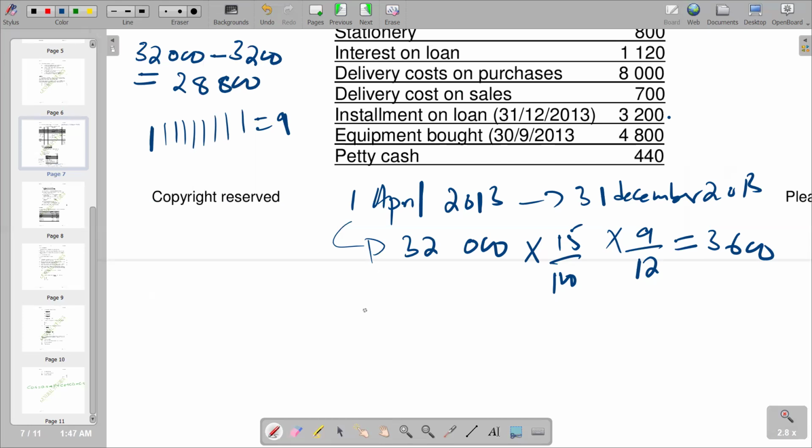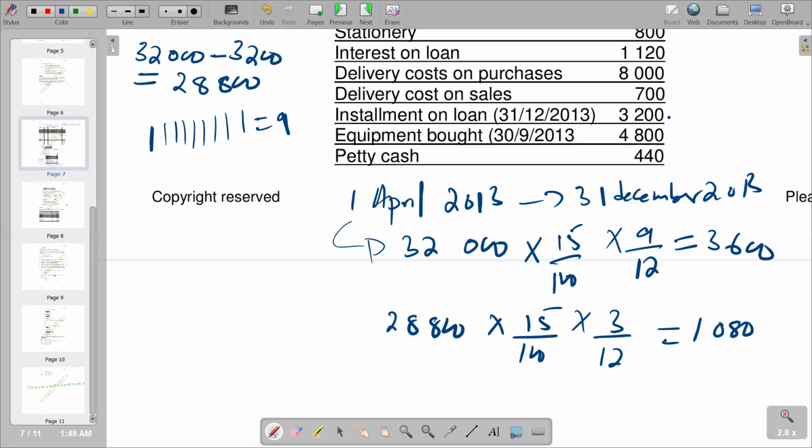This means the loan balance was now 28,800, times 15%, and then the annual figure times 3 over 12. We calculate it and we get 1,080.